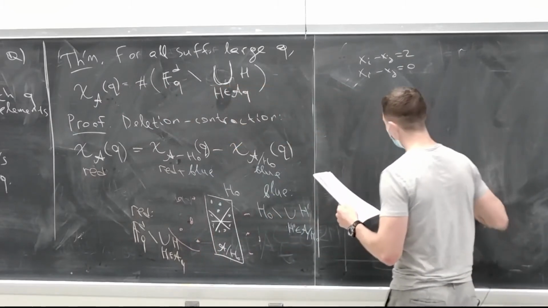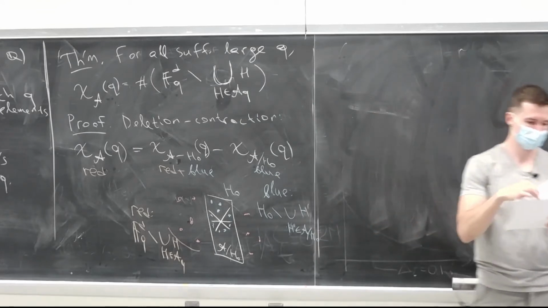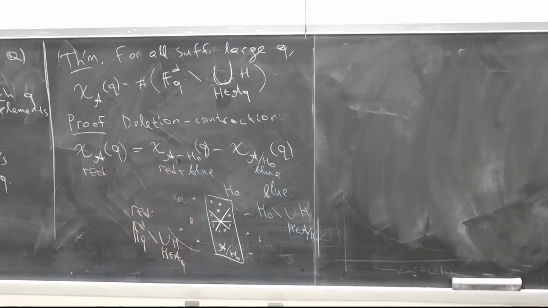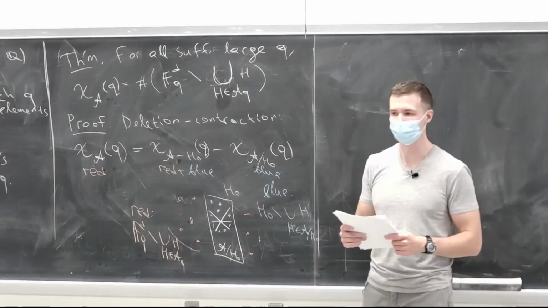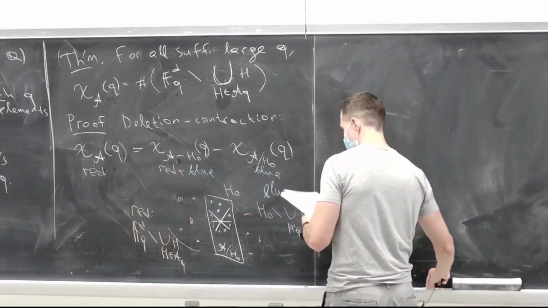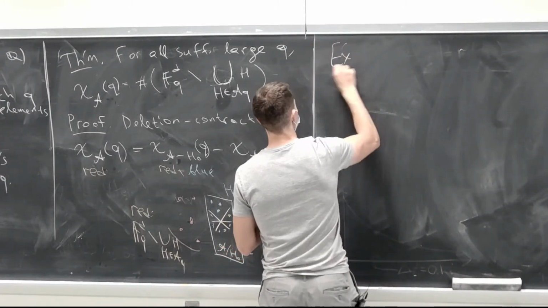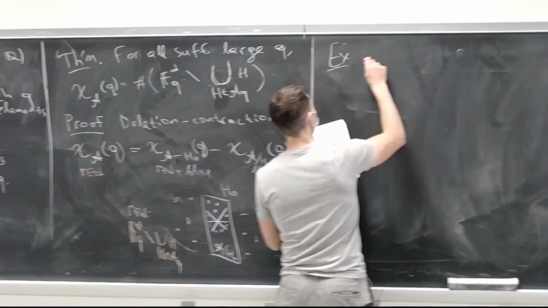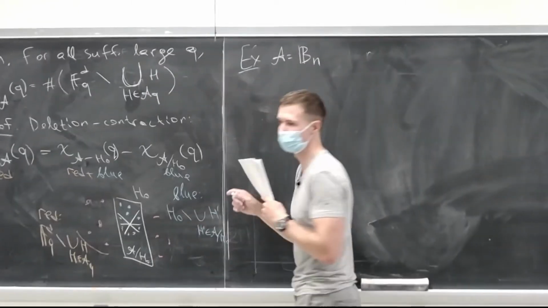All right. For the rest of today's lecture, I'm going to try to apply this formula to compute various things. First of all, let me start with some easy examples. Our most basic example is the braid arrangement.